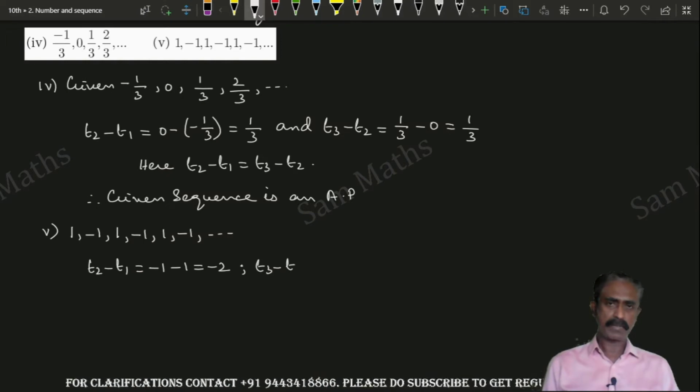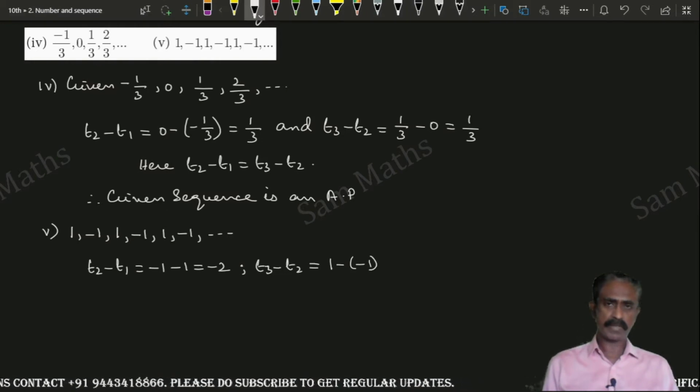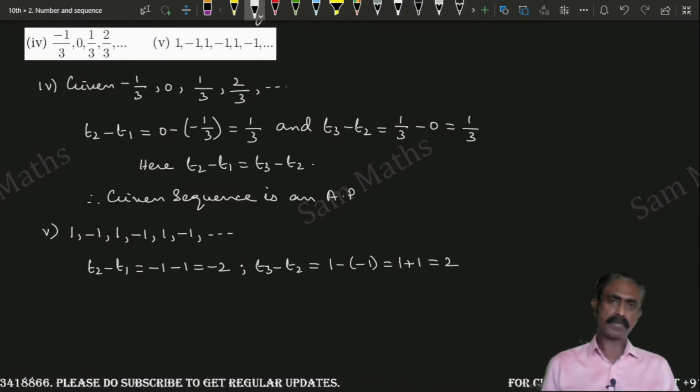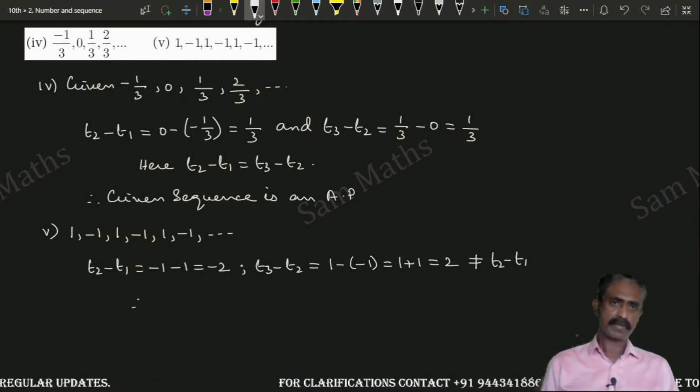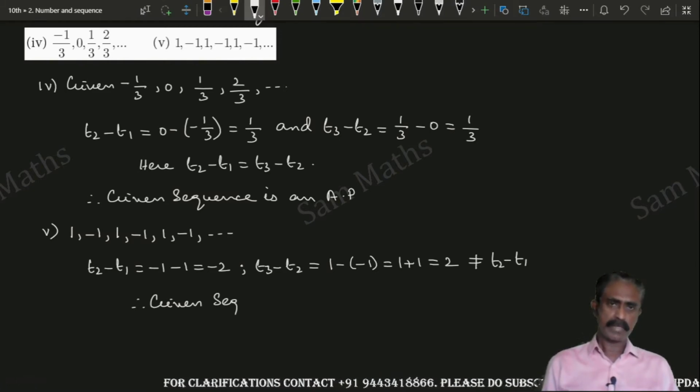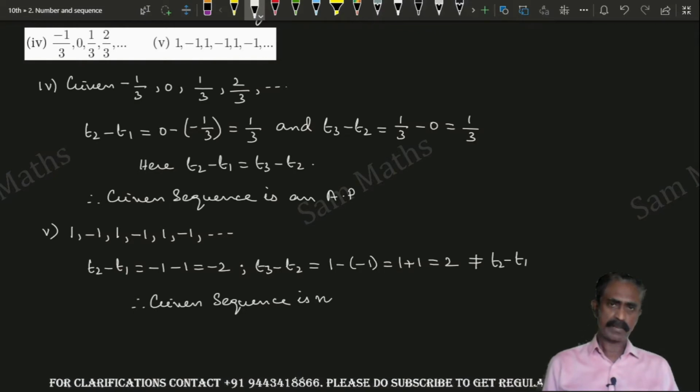T3 minus T2 equal to third term is 1 minus of minus 1, that is equal to 1 plus 1, that is equal to 2. This is not equal to T2 minus T1. Therefore, the given sequence is not an AP.